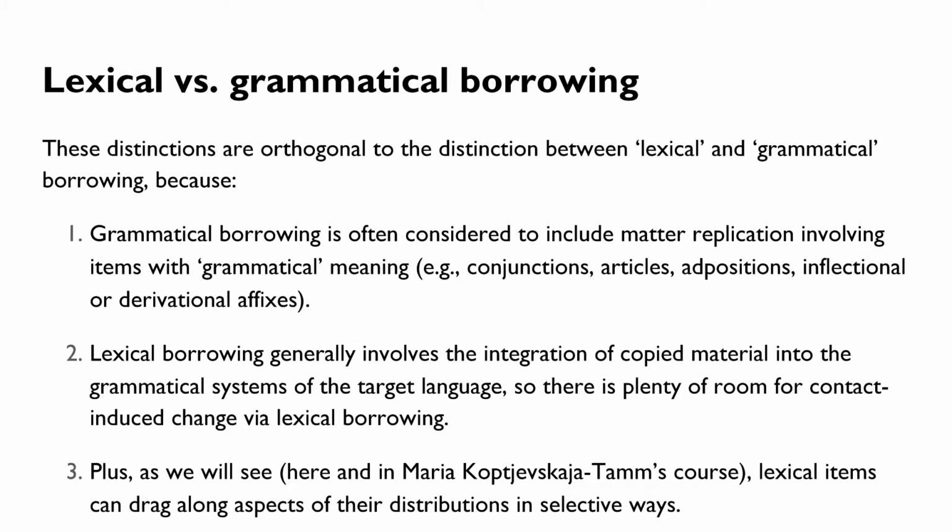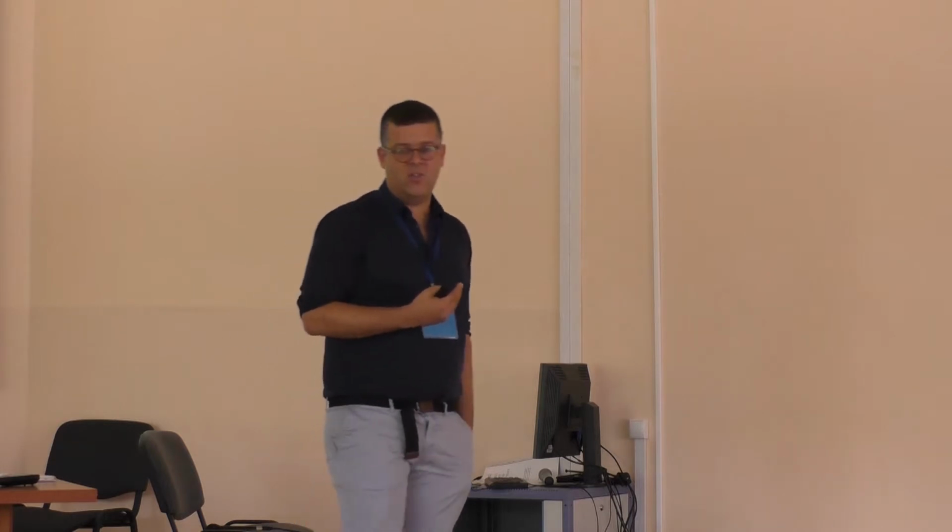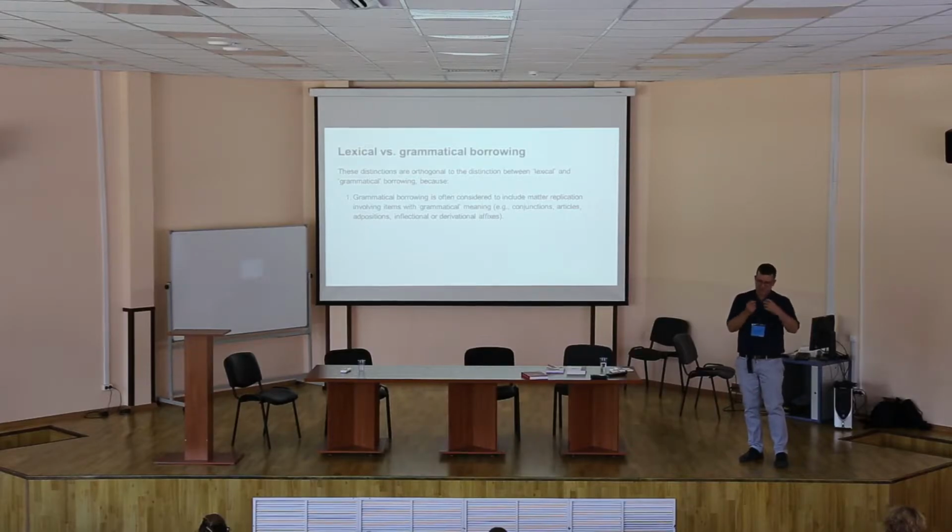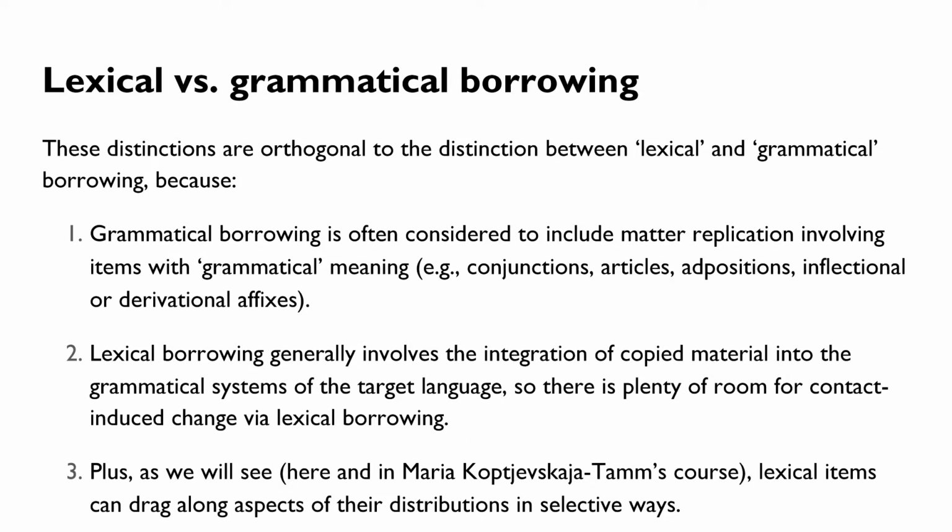It's not the same as the distinction between lexical and grammatical borrowing. So if we look at Matras and Sakel's book on grammatical borrowing, this also involves the borrowing of things like adpositions, conjunctions, but also, let's say, sounds and syntactic patterns and so on, right? So we actually need something that distinguishes between copying something including its sound structure and some aspect of its structure.